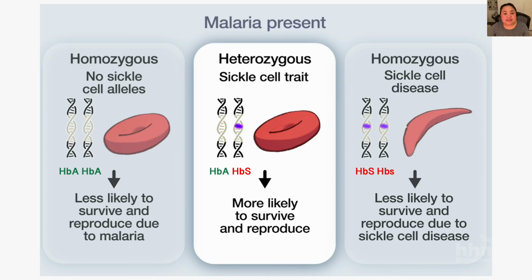So in regions with malaria, heterozygous individuals are more likely to survive and reproduce compared to homozygous individuals. The homozygous individual with no copies of the sickle cell allele would likely die of malaria, while the homozygous individual with no copies of the normal hemoglobin allele would likely die of sickle cell disease.